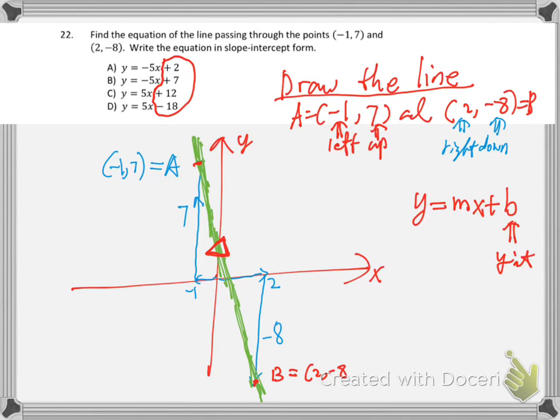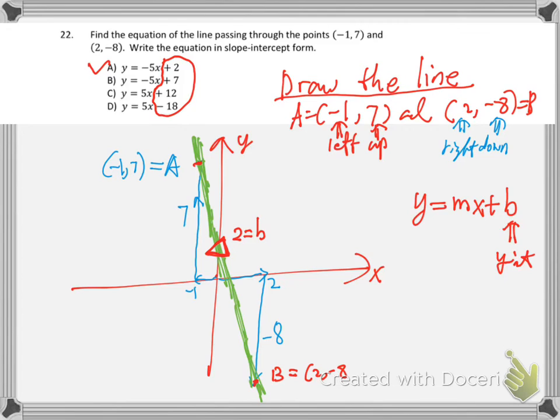These are the possible y-intercepts: 2, 7, 12, or -18. So definitely it is 2. 7 is too high, 12 is too high, -18 is too low. So based on the picture, we know b is 2. So A is the answer. That's it. If you know how to draw the picture and how to read the picture, you know the answer.